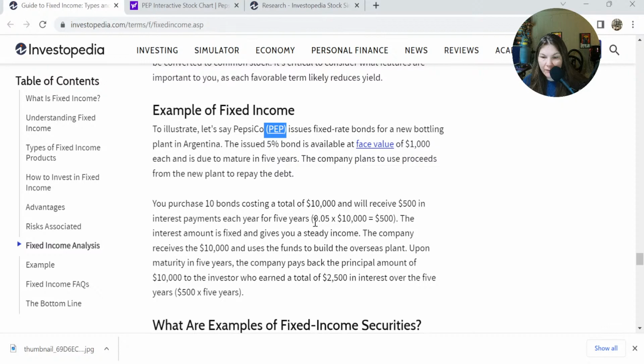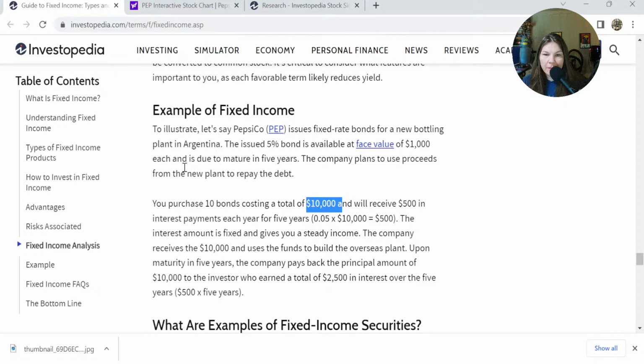So you'll get $2,500 for investing $10,000. That's a really good repayment, guys. You can make $2,500 in 5 years just from sitting your money in this vehicle.